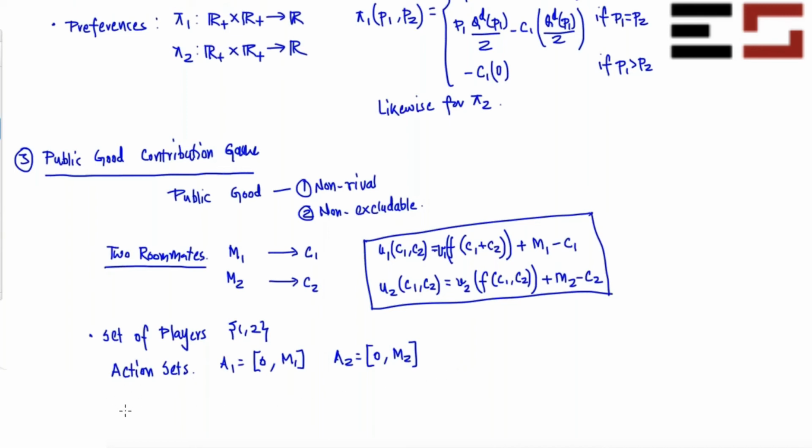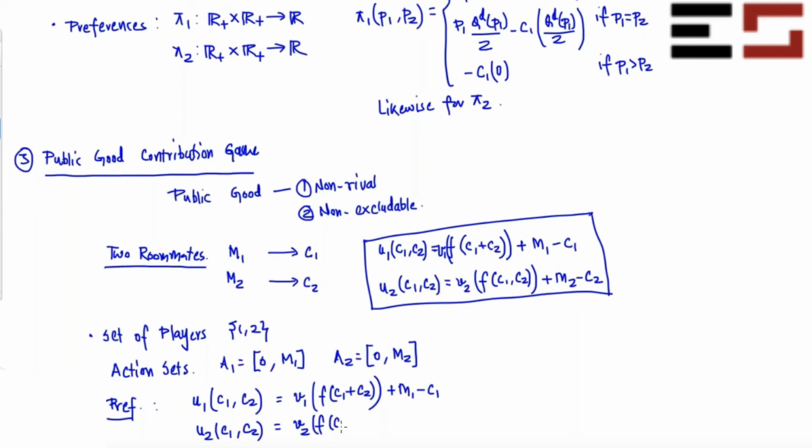Fine. And then you have the payoffs or the preferences, which are given by the utility U1, a function of the contributions of player 1 and player 2, which is equal to V1 of F of C1 plus C2, plus M1 minus C1, and U2 of C1, C2 is V2 of F of C1 plus C2, plus M2 minus C2.